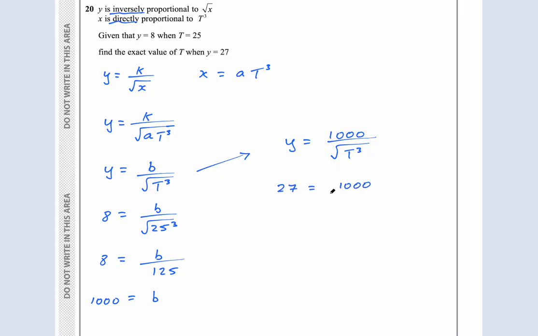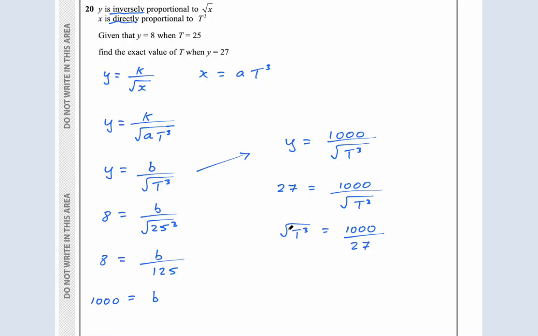It's 1,000 over root t cubed. I'm going to multiply across, so I get root t cubed equals, and I am going to divide by 27. So it's 1,000 over 27.